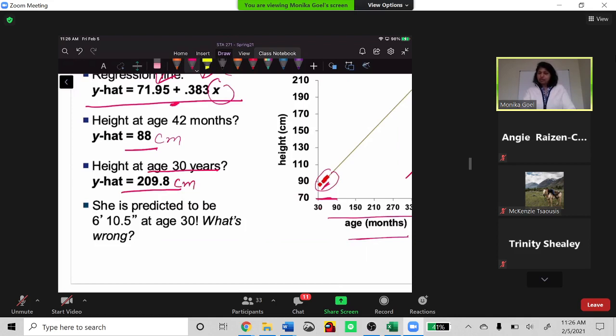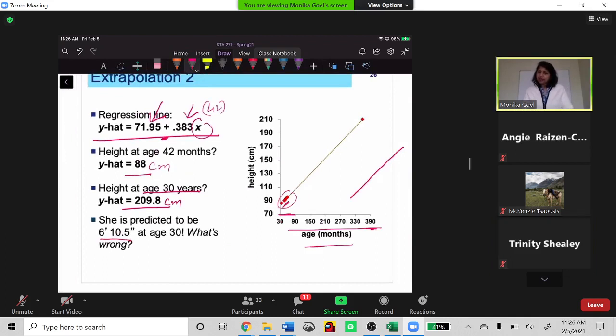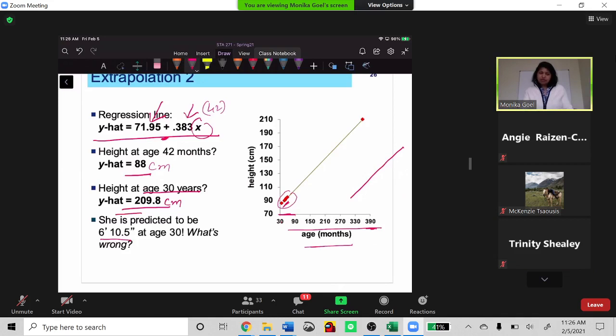209.8 centimeters. Do you agree the height of a person can be that? Looking at this scatter plot, what do you say? Any other comments or any other answer that you think of?